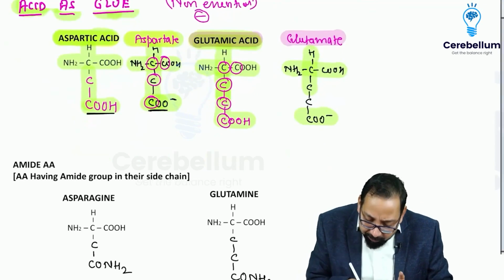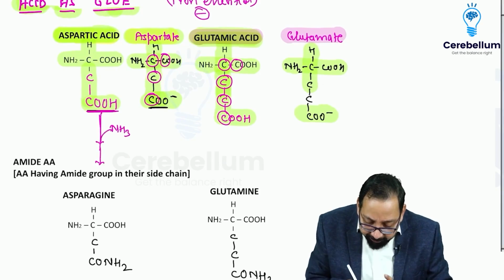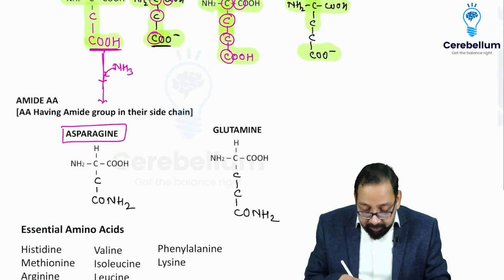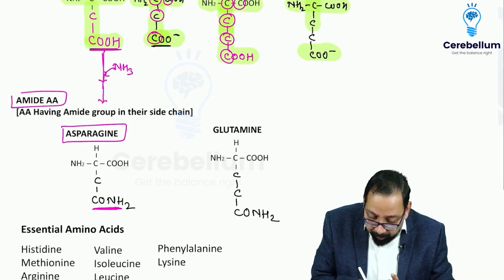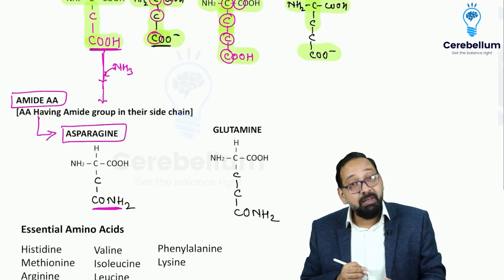Whenever an amino group or ammonia is there, it can bind to a carboxylic group. So if aspartic acid binds with ammonia, it forms asparagine, which has this amide group. So asparagine is an amide amino acid, having an amide group.